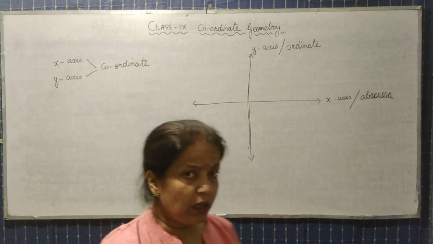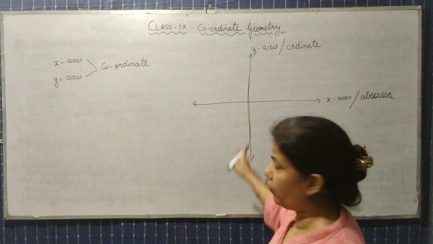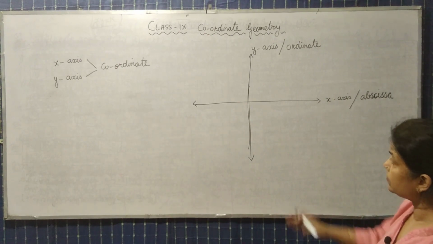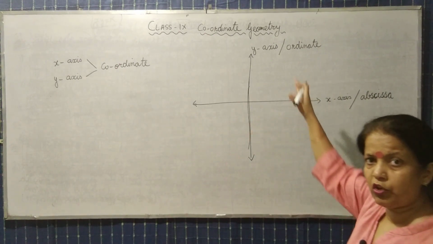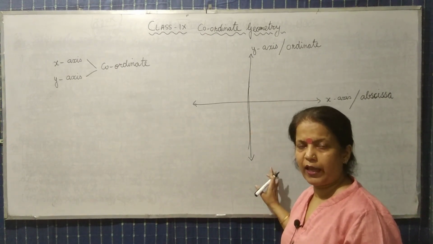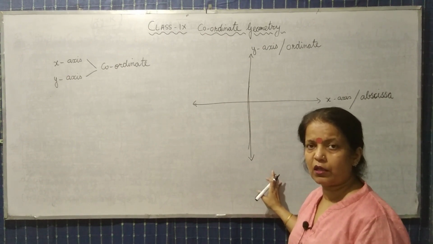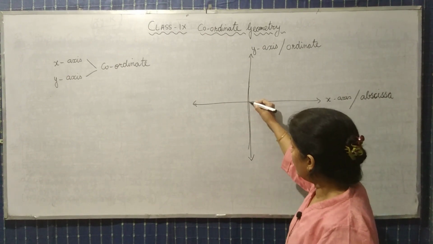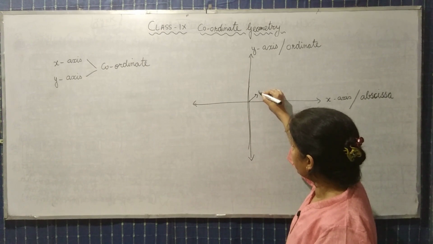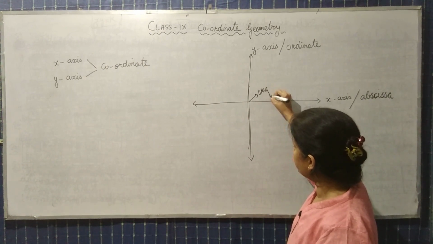अब if you will observe on this whiteboard, there is one point of intersection of both the axes, x-axis and y-axis. This point of intersection is called as origin.